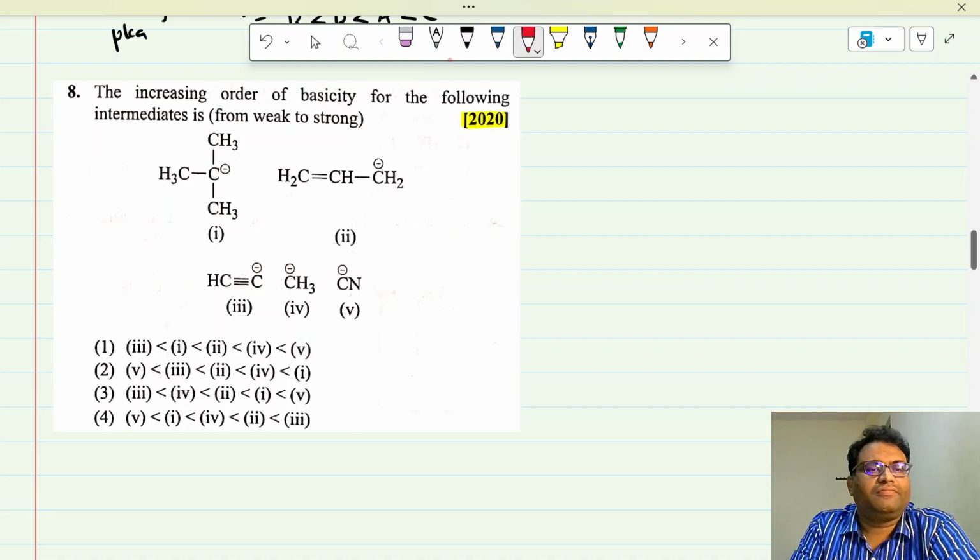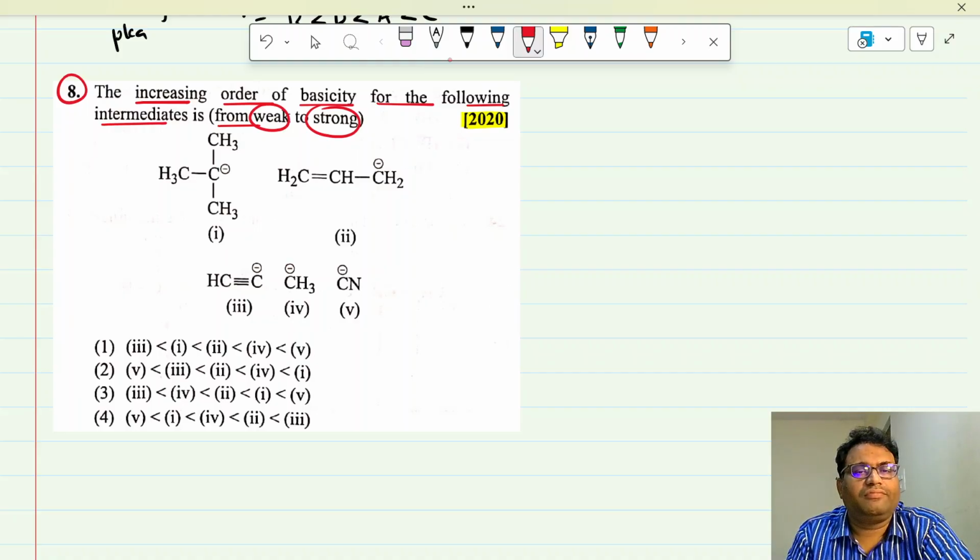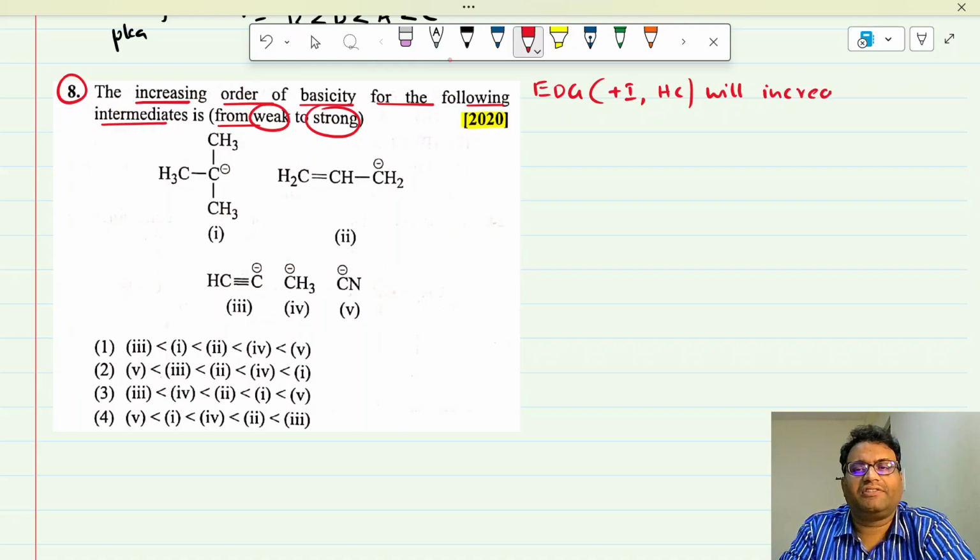2020, 8th question. The increasing order of the basicity for the following intermediates is from weak to strong. Increasing order of basicity. Right? Already we have studied that electron donating groups like plus I, hyperconjugation will increase the basic strength.